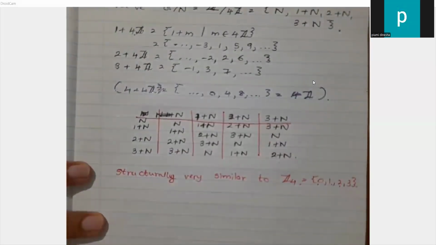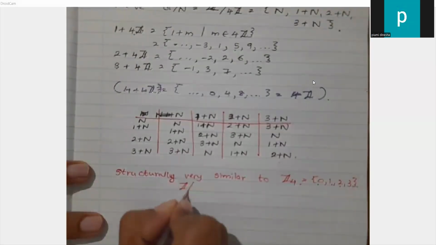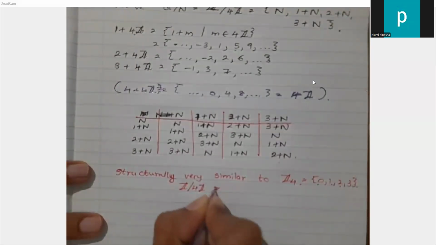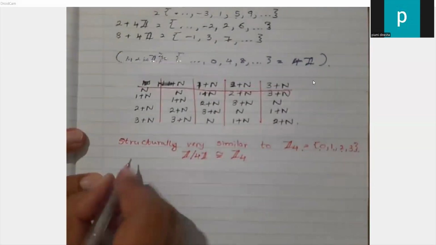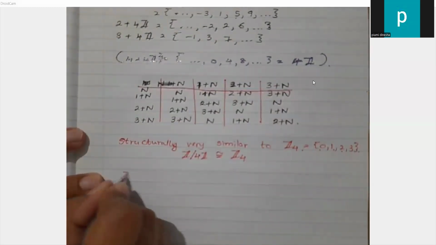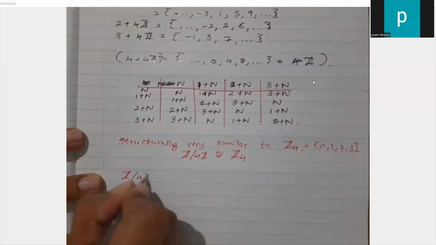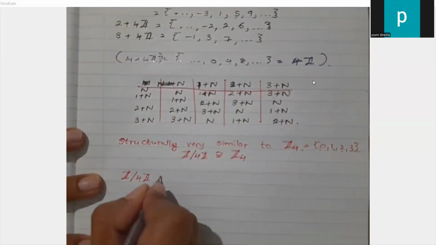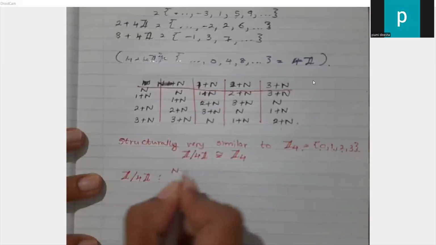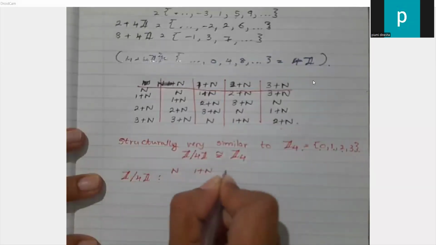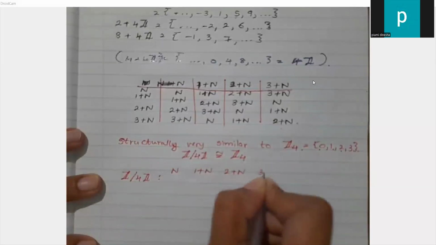Right? So we have Z over 4Z isomorphic to Z4. If I write the elements of Z over 4Z, we have elements n, 1 plus n, 2 plus n, 3 plus n.